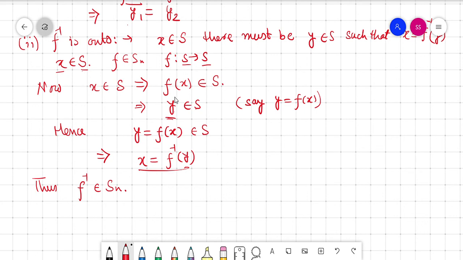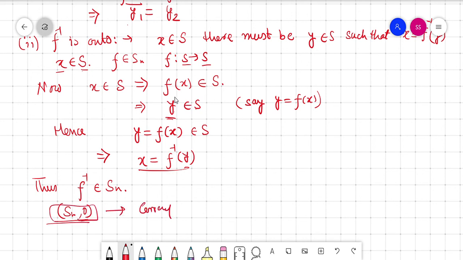So thus we have shown that all the properties G1, G2 and G4 are satisfied for Sn under composition. So it shows that this is a group.